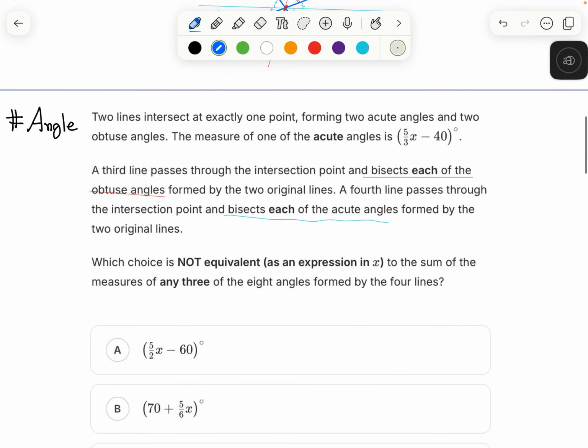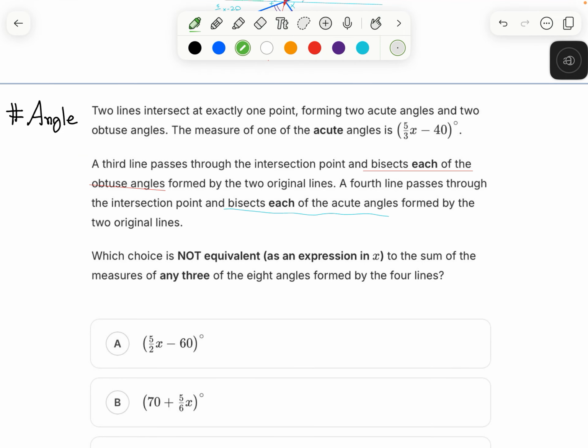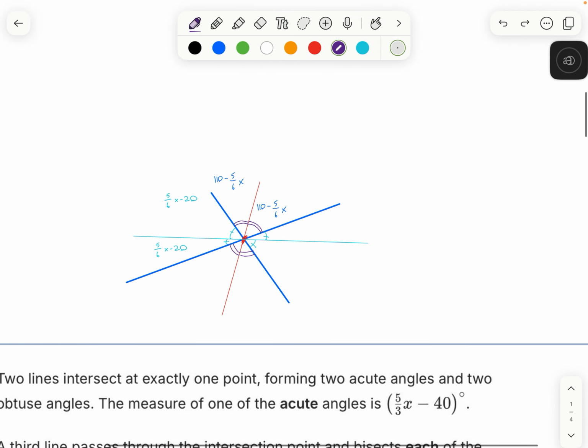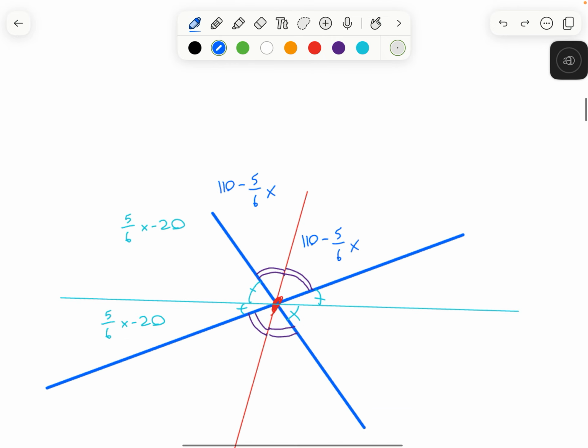Well, we have to find the sum of any three of the eight angles, and then we have to match which one of these doesn't match that value. So in this case, think about the different ways you can add three angles here. You only have two different types of angles: the blue and the 5/6 x minus 20.